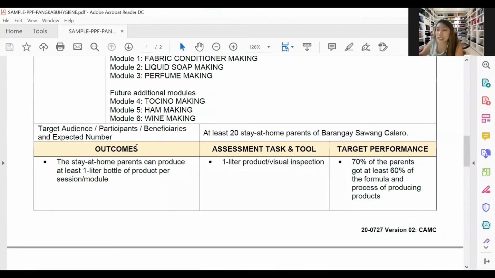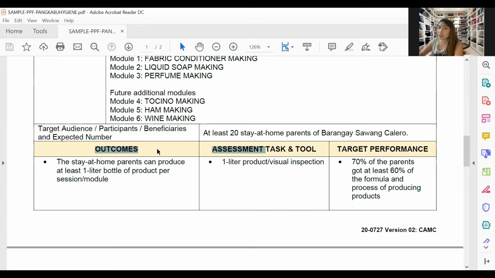And actually, the more ambitious outcome is that at least 1 of the participants will actually make this a business. So we conducted a seminar here in our subdivision.